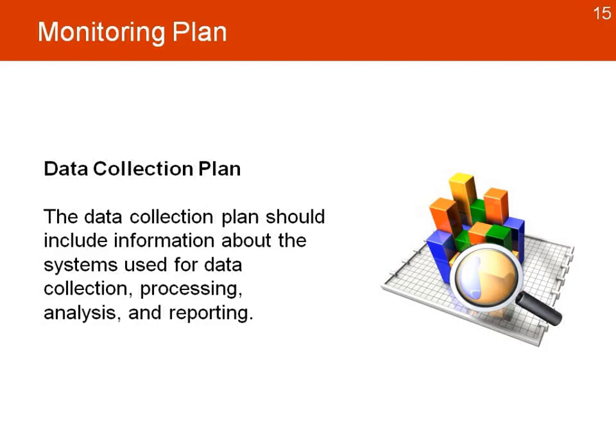The data collection plan is another element that is important in terms of the volume of data. So you might include in your plan, as a narrative element, information about the type of systems of data collection, the processing, analysis, and the reporting. Depending on the volume of data, you might need to consider using computer systems.